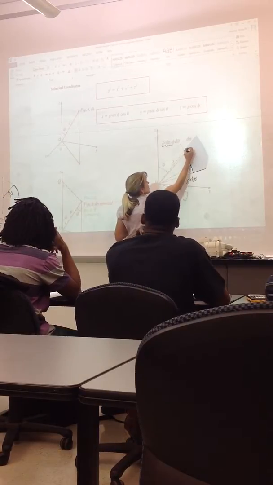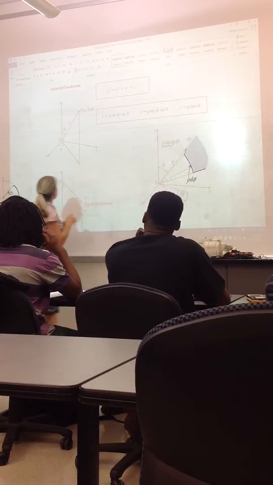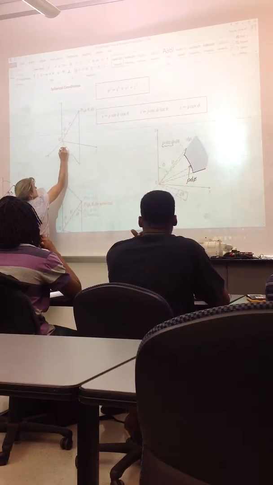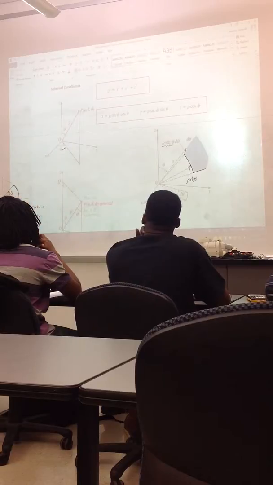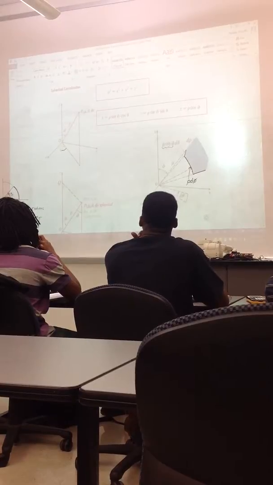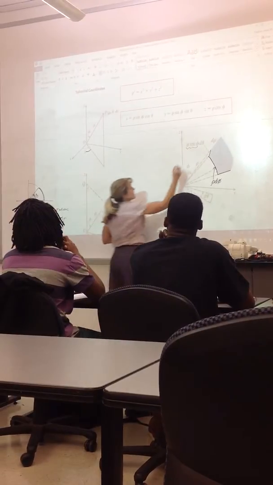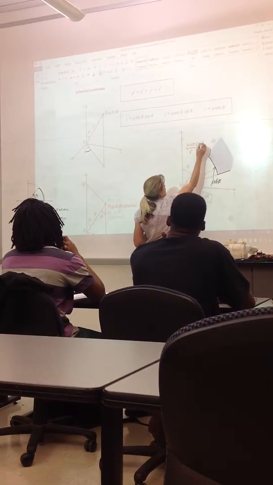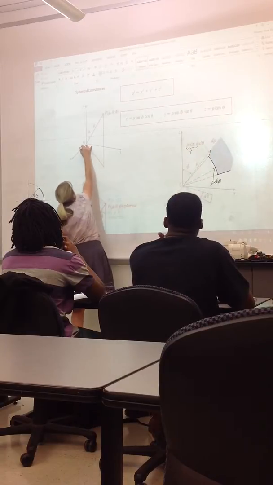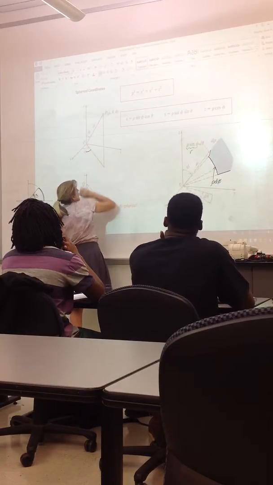So for this arc length, imagine positioning yourself in the xy plane, and you're rotating in that direction. The radius that you're moving is given by rho sine phi, and then d theta is your little change in angle.